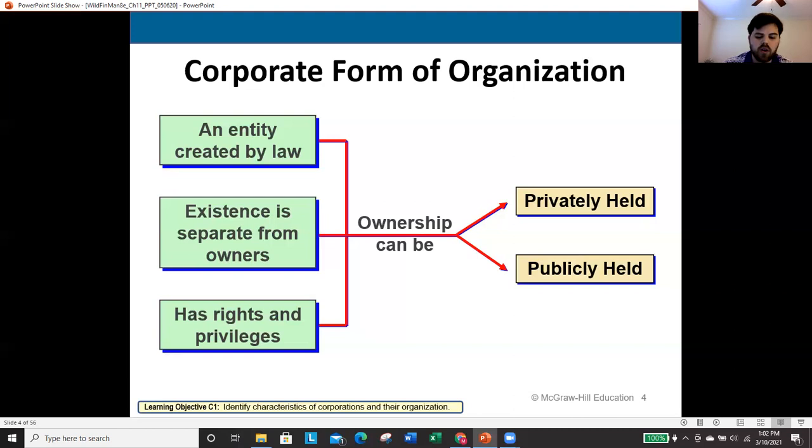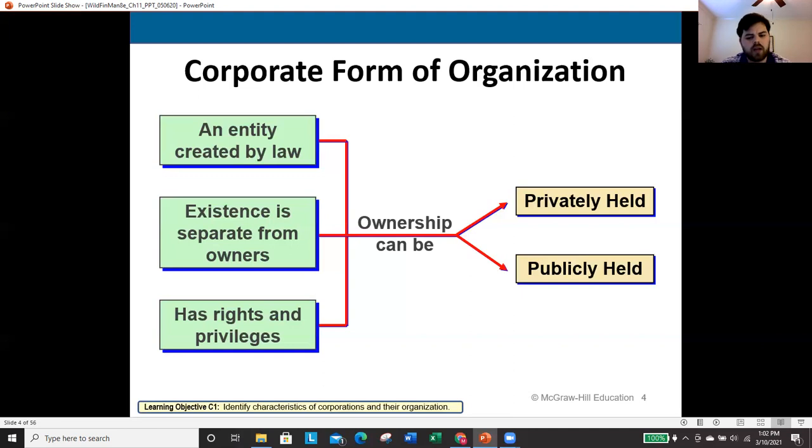Now, when we talk about our C Corps, the ownership that we talk about can be one of two things. It can be either privately held, or we can have what is called a publicly held corporation. Now, privately held corporations are not publicly traded. These are typically smaller firms that have opted for the corporate organizational structure, but are closely held with members of the same family or community, and they don't want a bunch of outside ownership coming in.